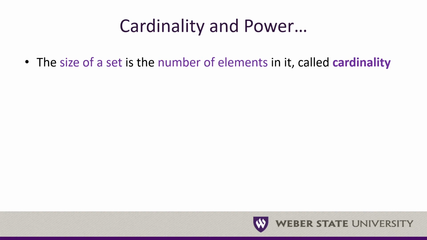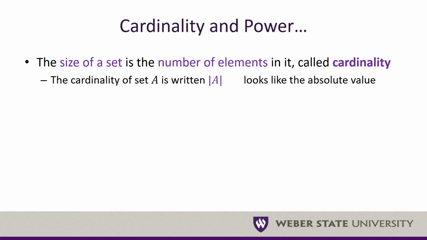The size of a set is the number of elements that the set contains, and it's called the cardinality of the set. For example, with the empty set, what's the cardinality of the empty set? 0. It doesn't contain anything. The cardinality of the universe? Infinite. So, infinite number of things.